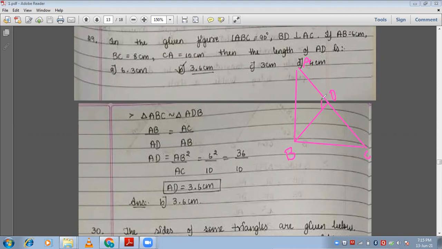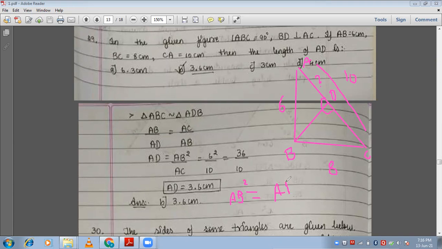BD is perpendicular, 90 degrees. The given AB is 6 centimeter. The given BC length is 8 centimeter. And the full length CA is 10 centimeter. Then AD is question mark. So we know the formula: AB square equals AD into AC.